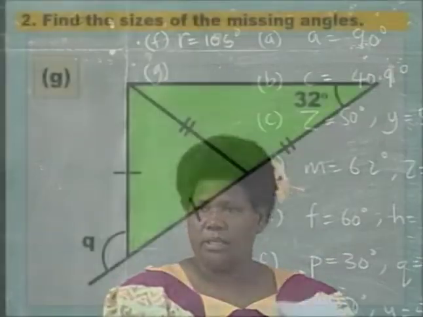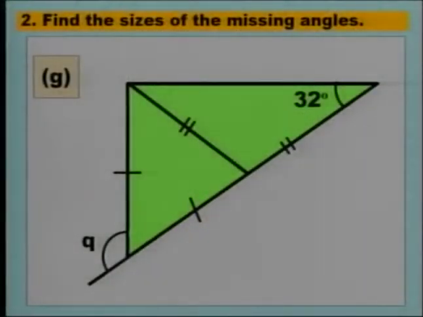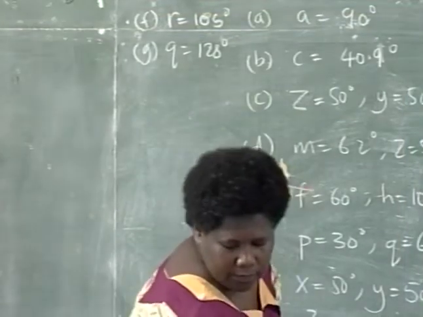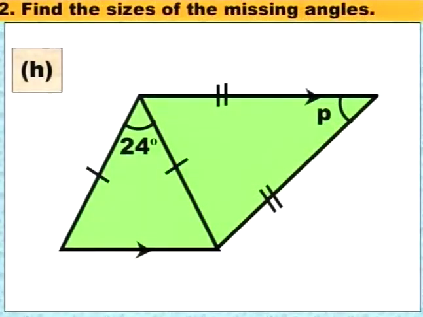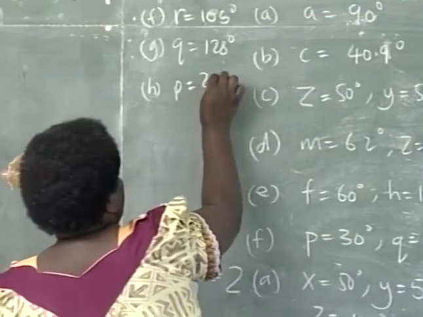Letter G, Karonamo for Q. Q equals 128 degrees. Okay, good. And H, Raylene. P is equal to 24 degrees. P equals 24 degrees, correct.